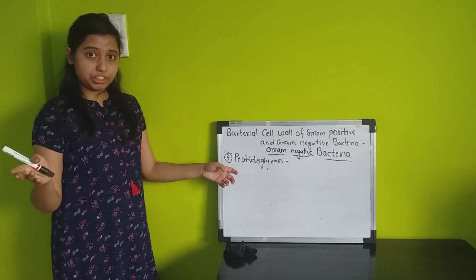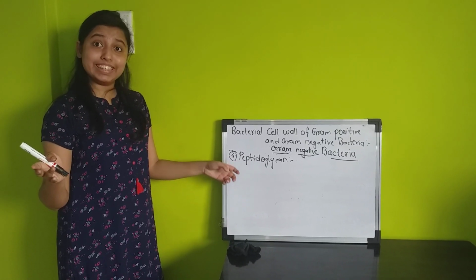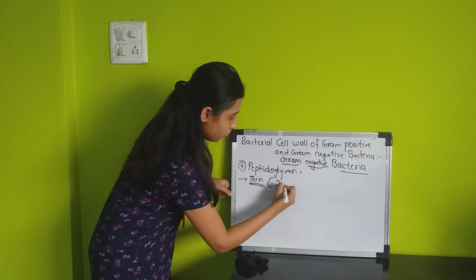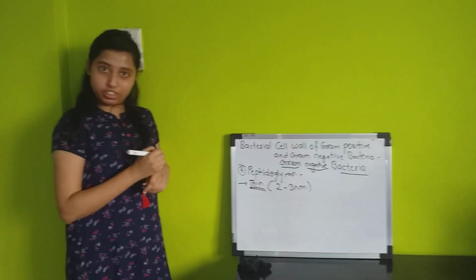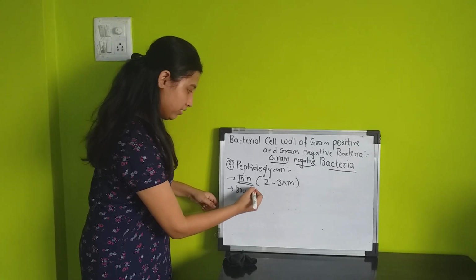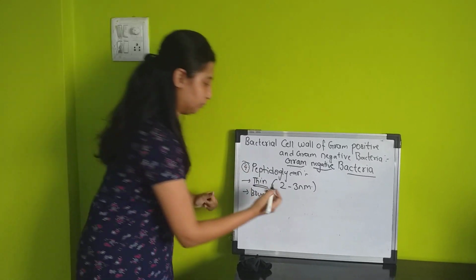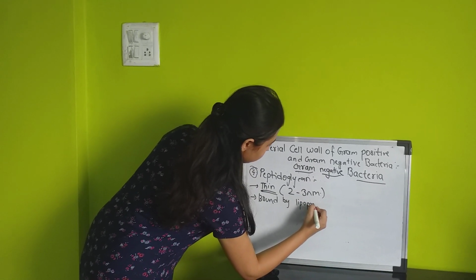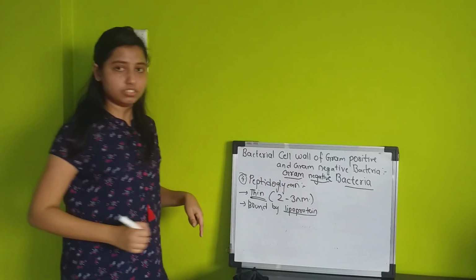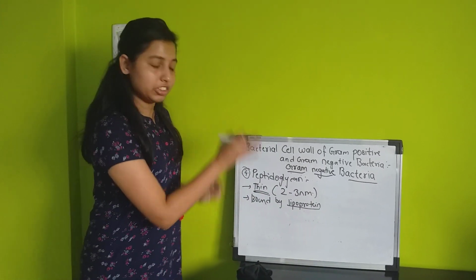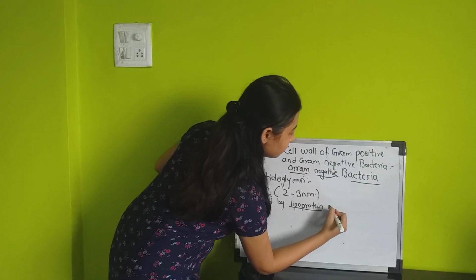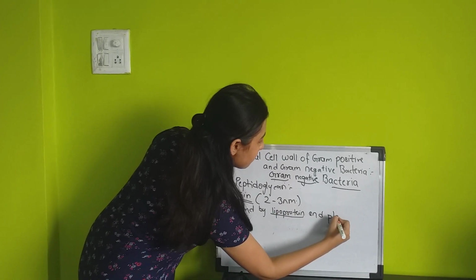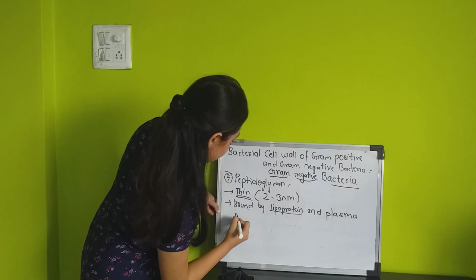Over here the peptidoglycan is very thin, 2 to 3 nanometers, and it is bound by lipoprotein and plasma membrane.